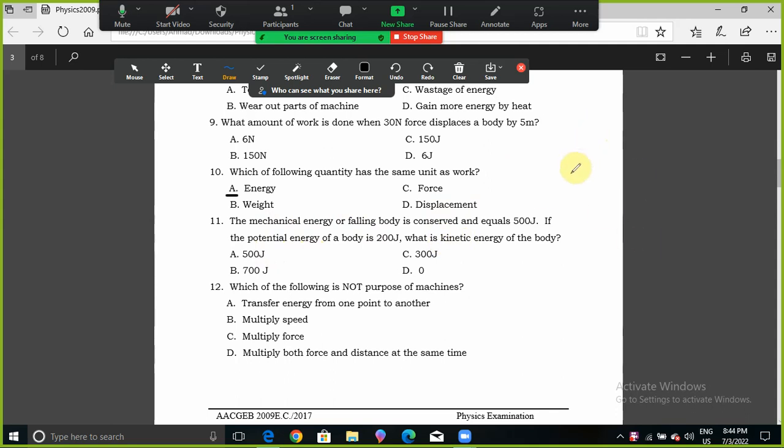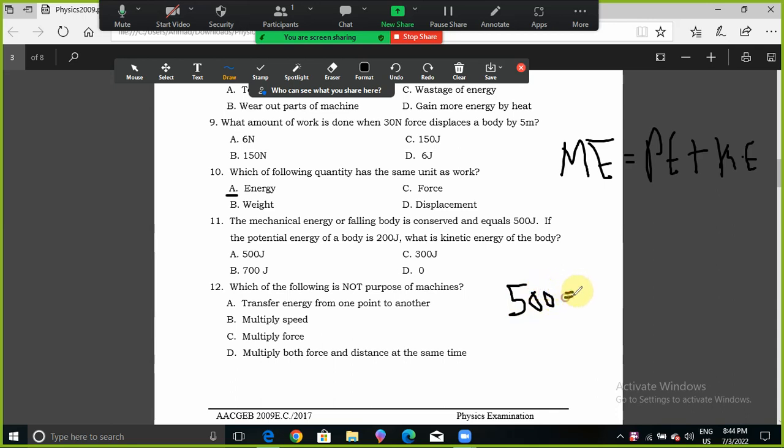The formula is mechanical energy is equal to potential energy plus kinetic energy. We have the mechanical energy and the potential energy, but we don't have the kinetic energy.